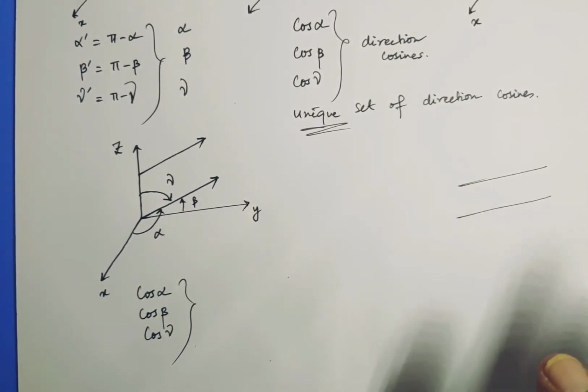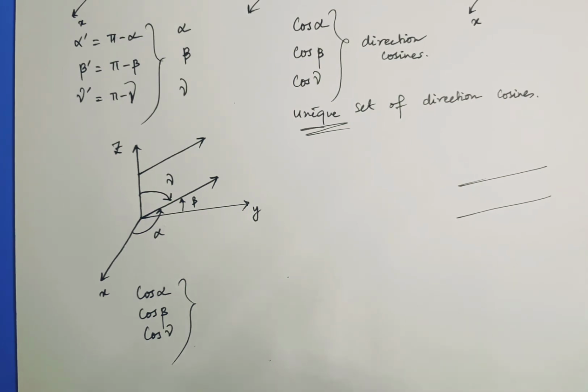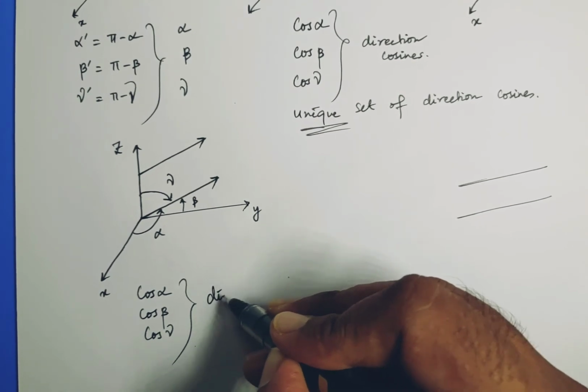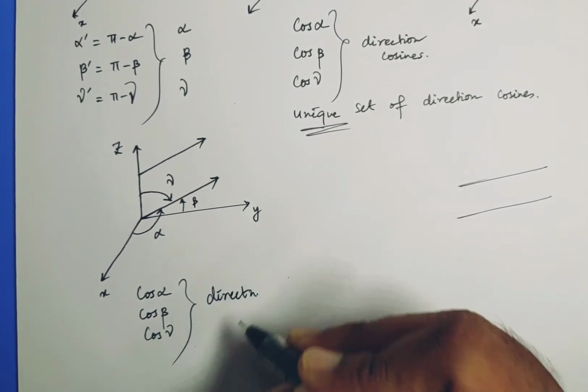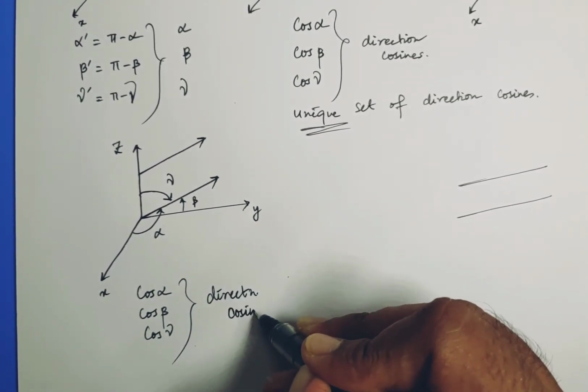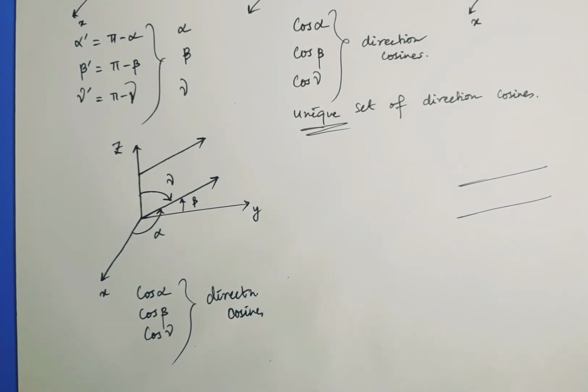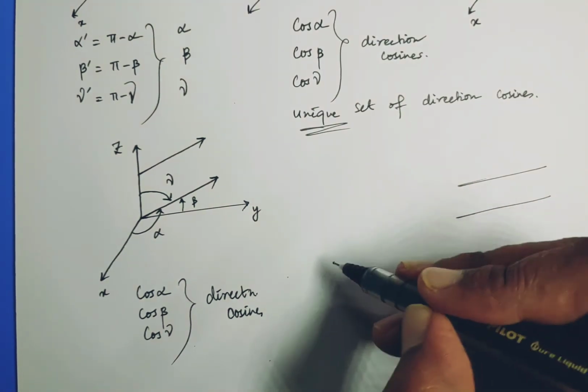Okay. Now what are direction ratios? The next point which comes is direction ratios. Now everyone listen very carefully. Direction ratios are numbers which are proportional to direction cosines. So what are direction ratios?